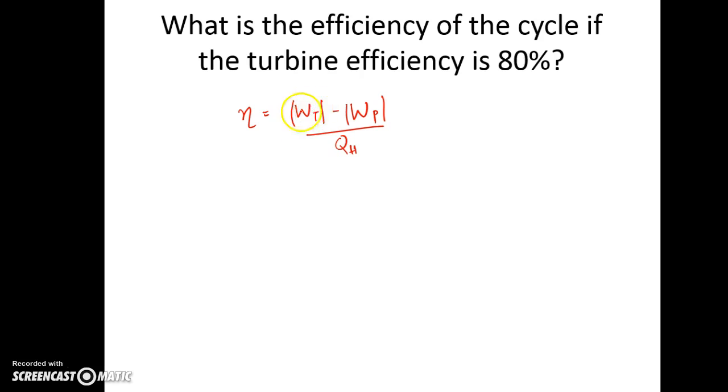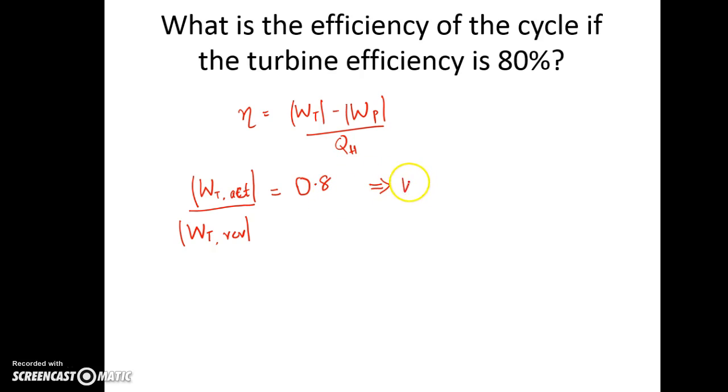What changes is the work done by the turbine. As you might have guessed, the work done by an actual turbine is less than the work done by the reversible turbine. So the way I'm going to write it down is work done by the actual turbine divided by work done by the reversible turbine is about 80% or 0.8.